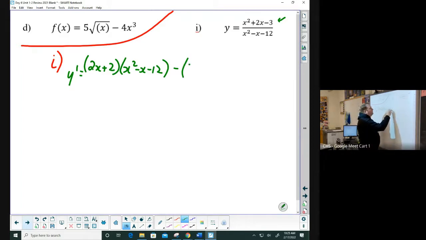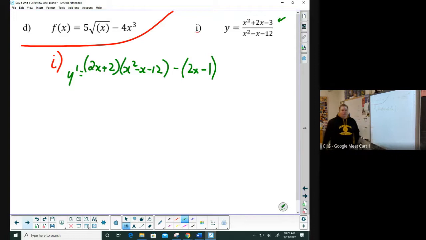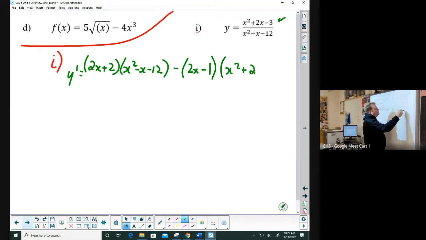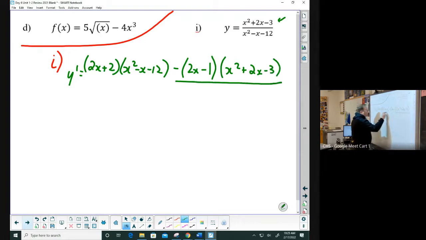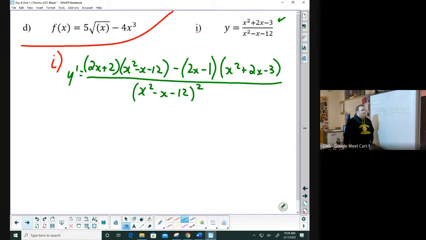Derivative of x squared is 2x, derivative of minus x is 1, and the 12 disappears. So it's just 2x minus 1. Times the top. All over the bottom squared. Which again is looking tough, but it doesn't matter because I'm not going to rainbow this. Just going to leave it as is.